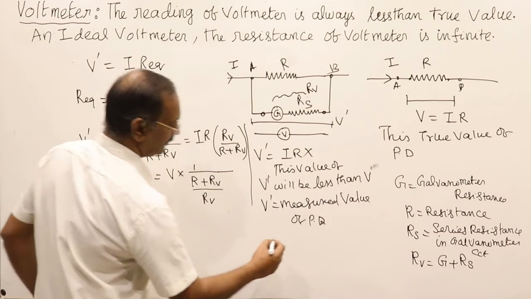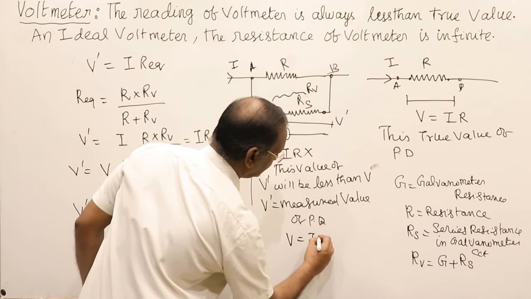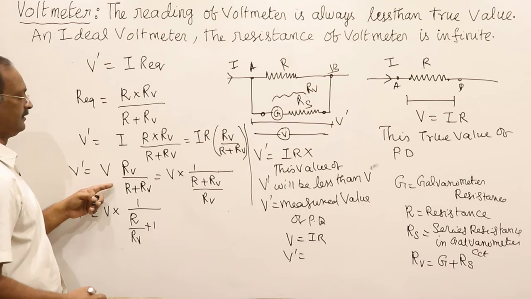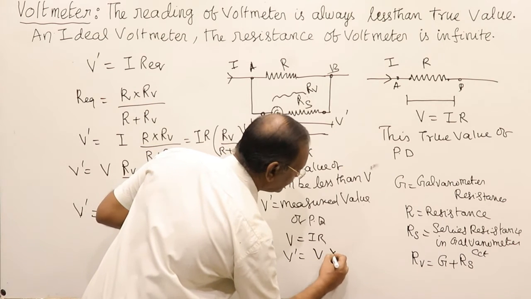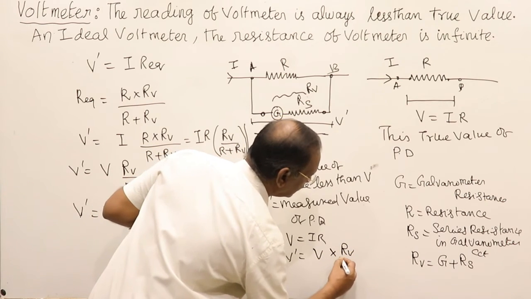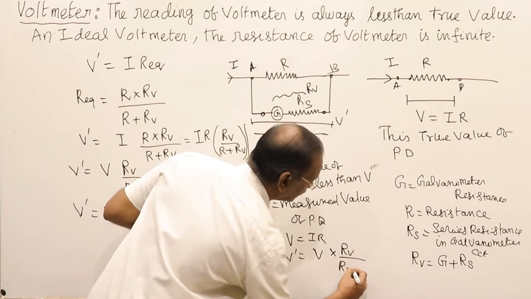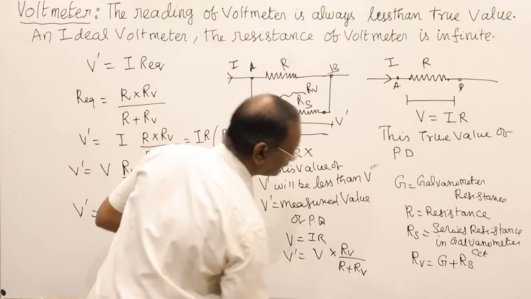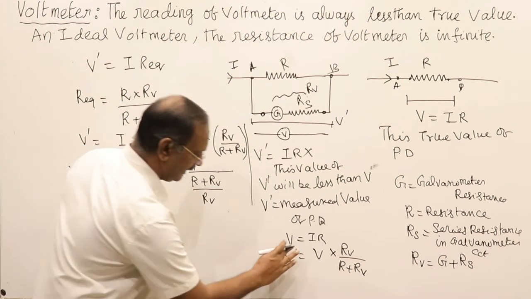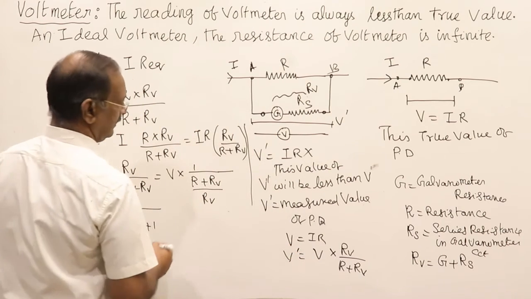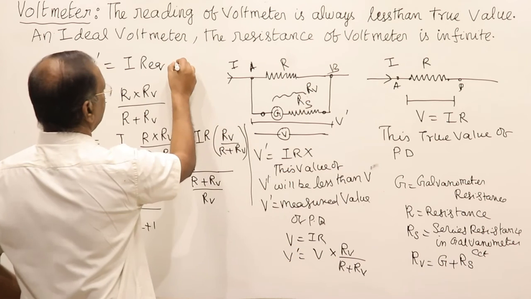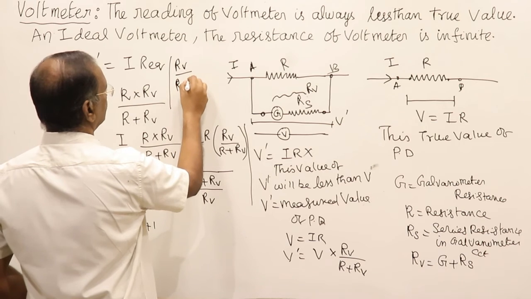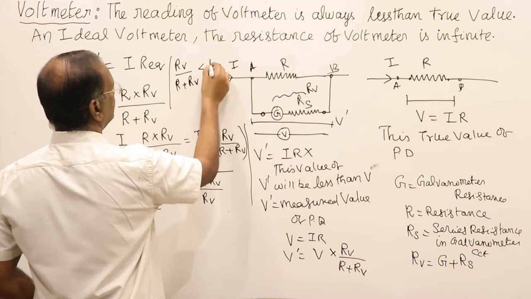See, we can conclude V is equal to I into R and V dash is equal to V into RV divided by R plus RV. It means RV divided by R plus RV will always be less than 1.